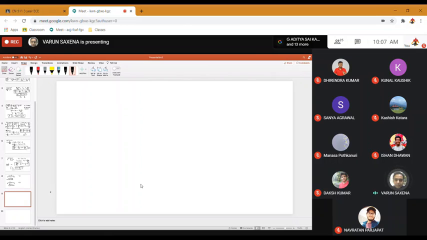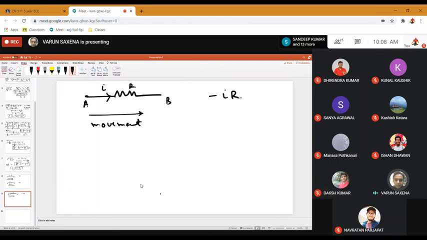So when it comes to a resistor, I follow this. Suppose you are at A and B, and the current flows in the resistor in this direction. If I move in the same direction as the current, then the potential drop is I into R. If the current is flowing in the same direction as my movement, I will take it as minus IR.